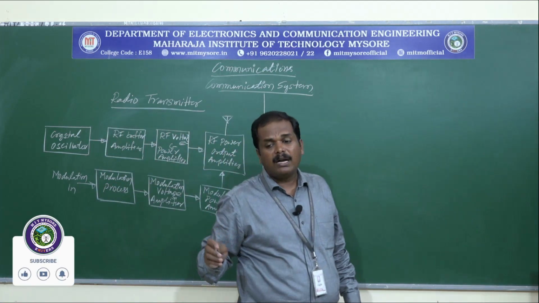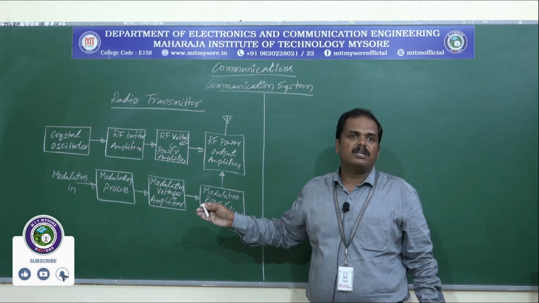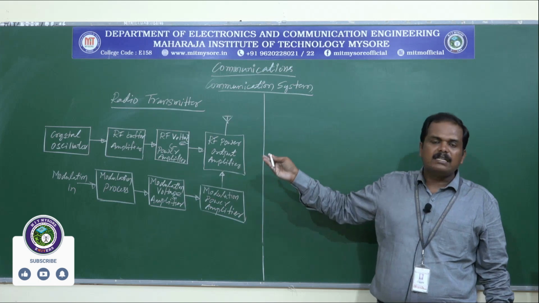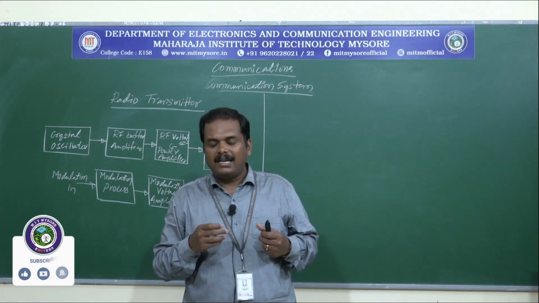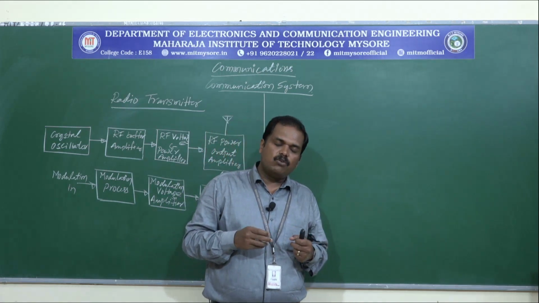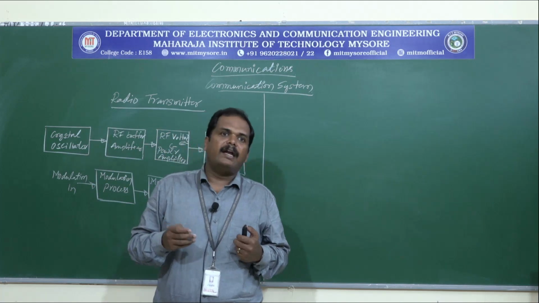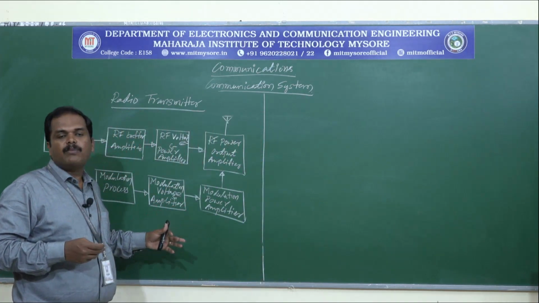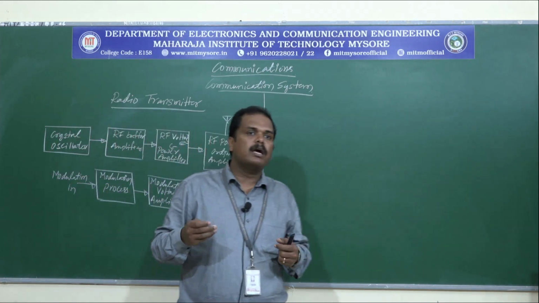So this is the block diagram of a typical radio transmitter. As we can see here, we have different stages like amplification, the generation of high frequency carrier signals, and modulation, and then the power amplification and voltage amplification. These are the different processes involved in this.